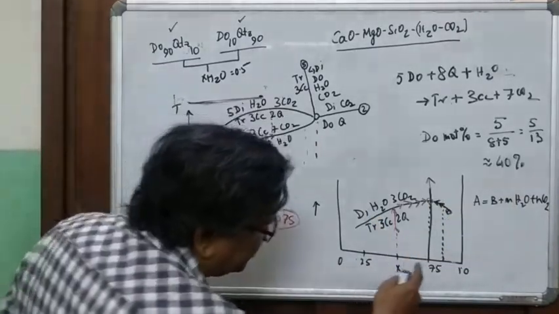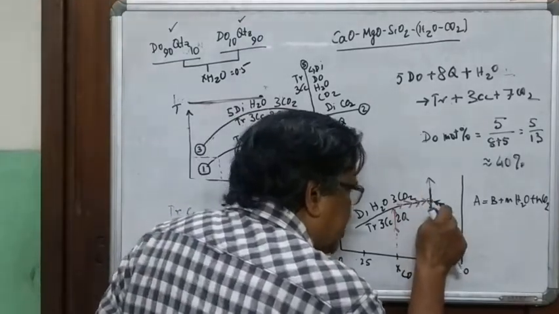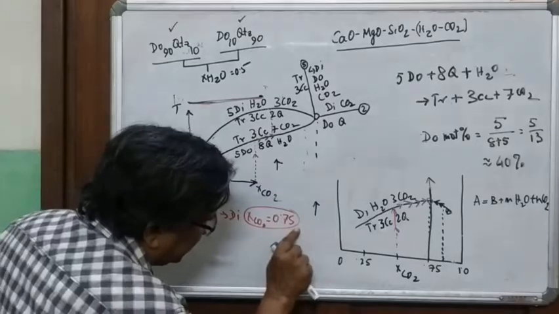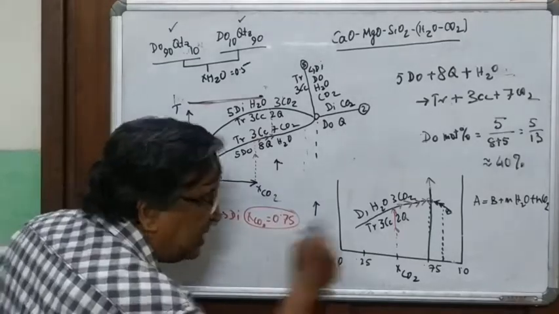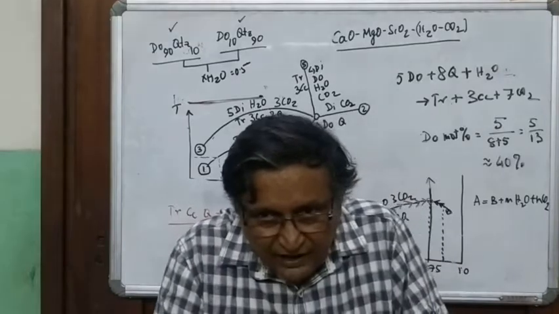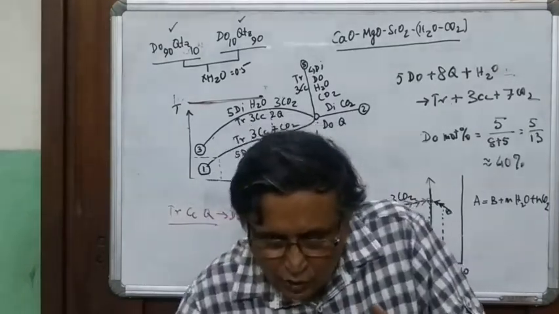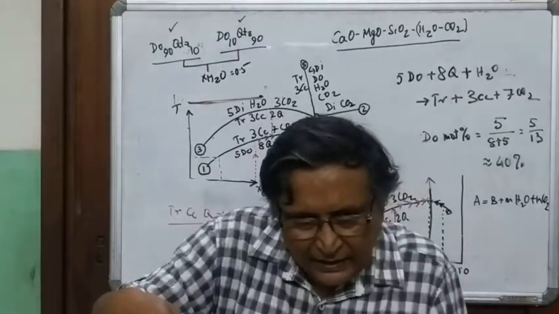That if you start with a high XCO2 value and you encounter the reaction, it produces XCO2 0.75. So you're producing XCO2 0.75 where there is already a fluid of XCO2 0.8 or 0.9.